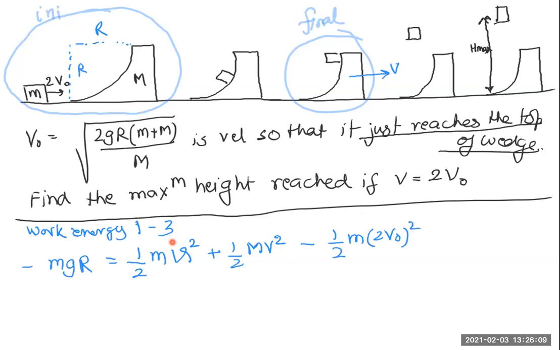This is the condition where it just reaches the top, but here it is not going to just reach the top, it is going to overtake it, and therefore we know that at this point this guy will have a velocity v like so, but another velocity vy.